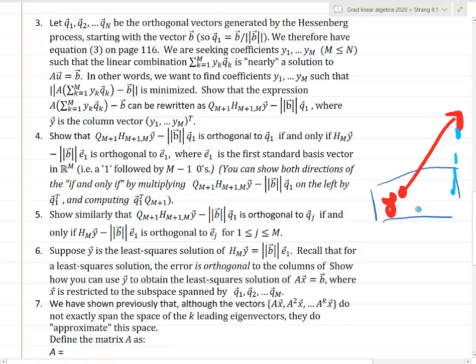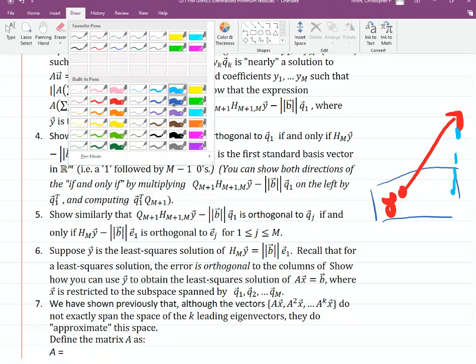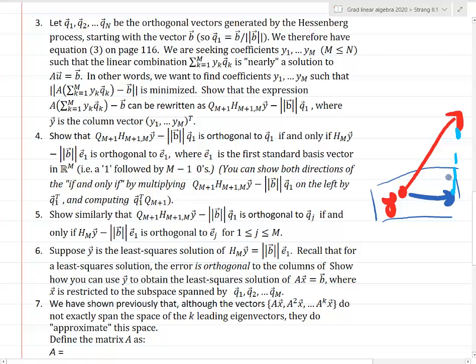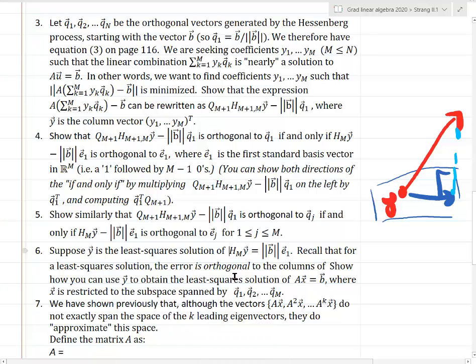You project down here, and this vector here is the one that minimizes. Your error is perpendicular to your solution. It's perpendicular to the columns that span this space. The columns of H are the linear combination of vectors that you're using to get this vector. So the error is orthogonal to the columns of HM.